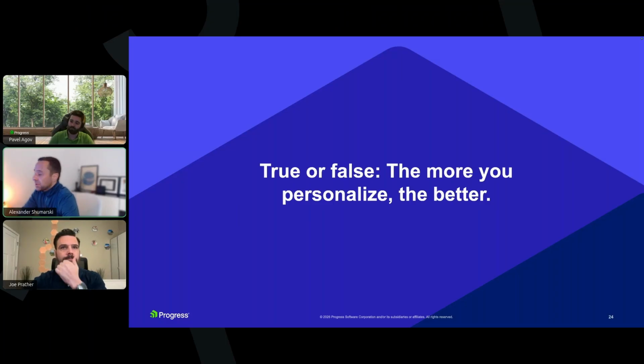True or false? But here's the question: the more you personalize, the better. So I would say that's false. Why? Because you can personalize too much and make an echo chamber. If you try to push someone into one persona only, you make an echo chamber for that user, and the user can miss out on other content, other CTAs or other actions that you have on pages.